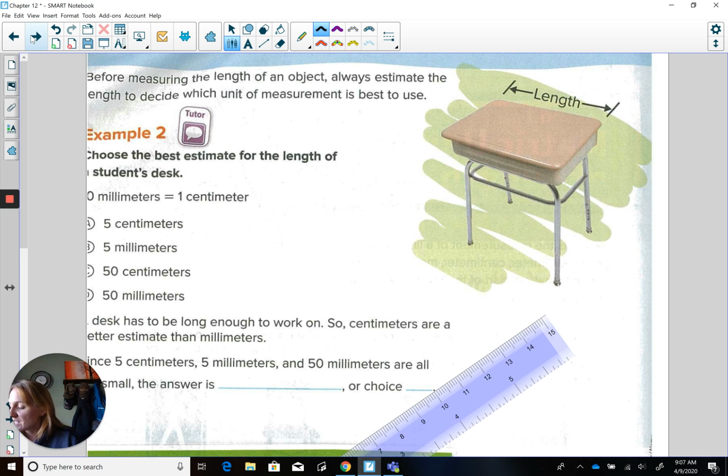So for instance, if you have this desk here, so imagine sitting back at your desk, right? This example says, choose the best estimate for the length of a student's desk. So underneath there, you can't really see, but there are options of how many millimeters, centimeters, or meters. We need to figure out what is most reasonable.